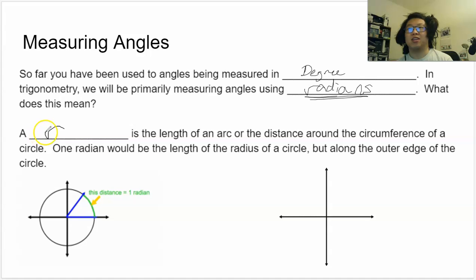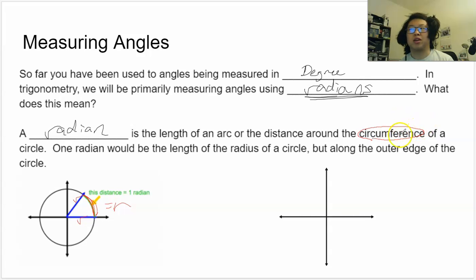A radian is the length of an arc, a distance along the circumference of a circle. There's a little visual down here you can take a look at. Here's your r, the radius, and this distance right here is the same as your r, so we call it 1 radian. Circumference is a really important word to know.